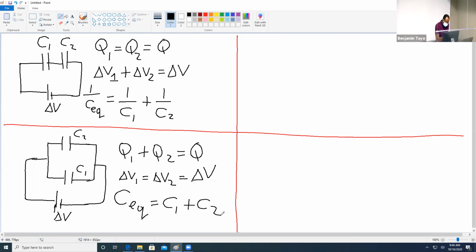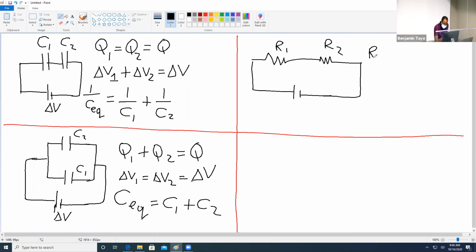Now let's just do this real quick here. If you have two resistors, R1 and R2, connected to a battery, then my R equivalent is equal to R1 plus R2.